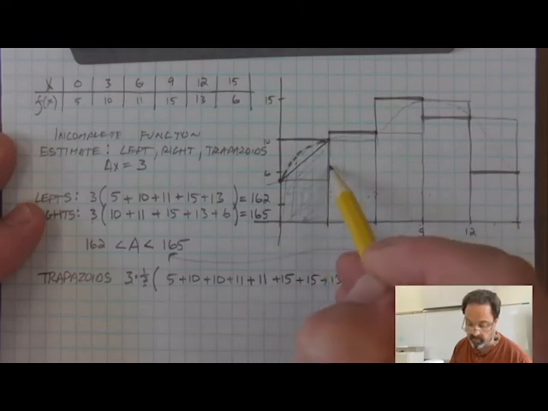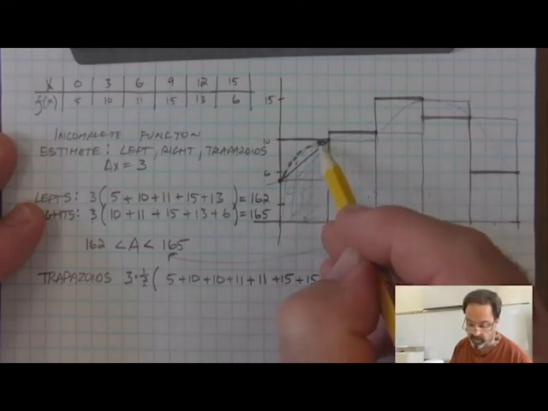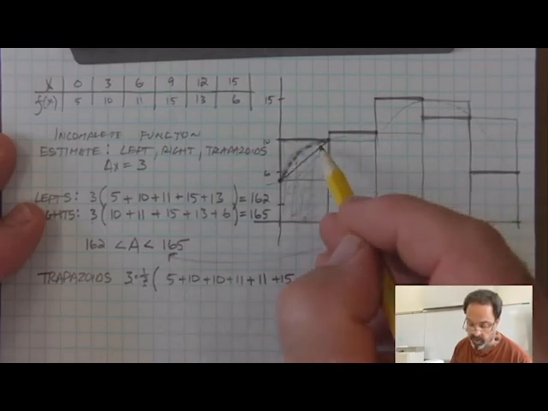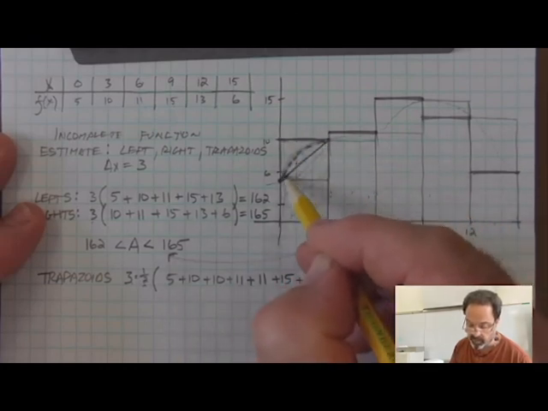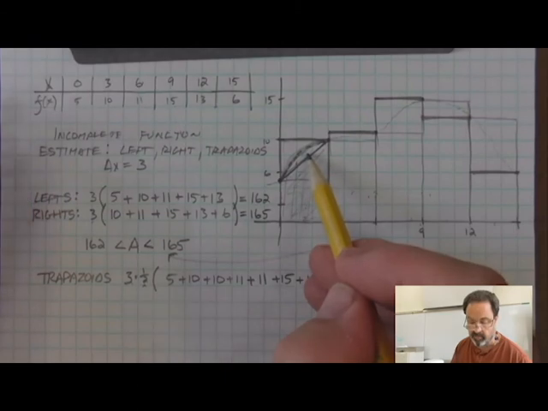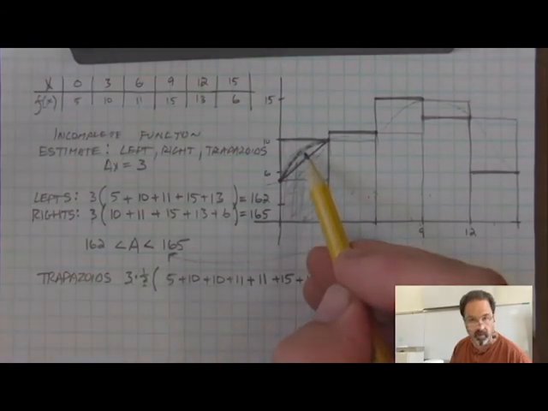The right-sided rectangle is an overestimate by this region here. And the trapezoid method is an underestimate by this sliver of a region. So the trapezoid method has less error.